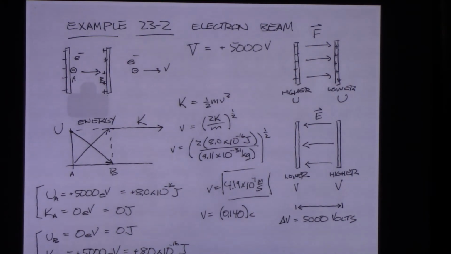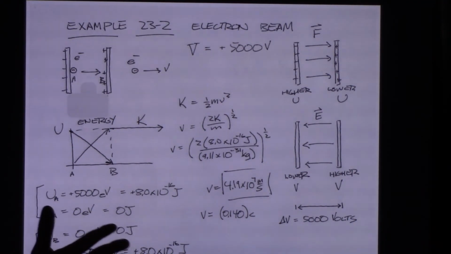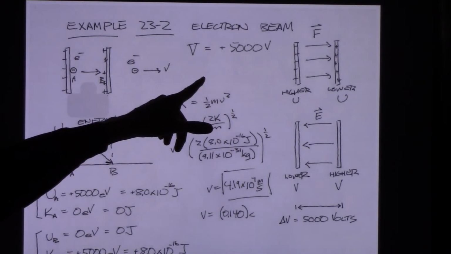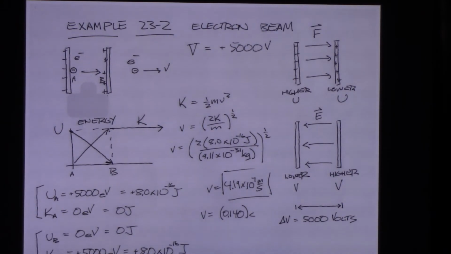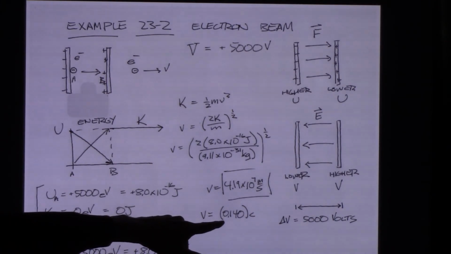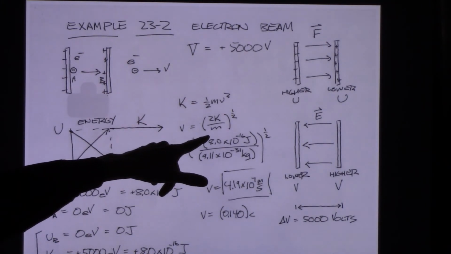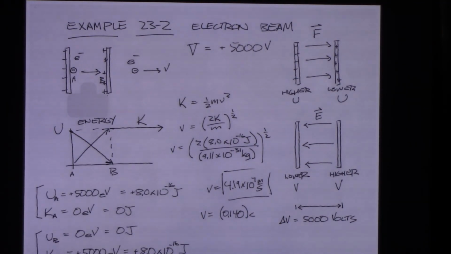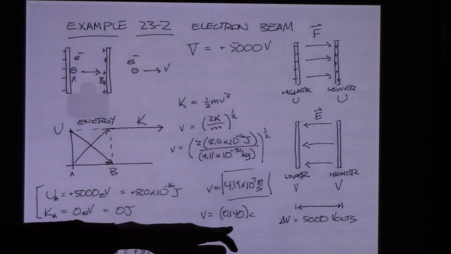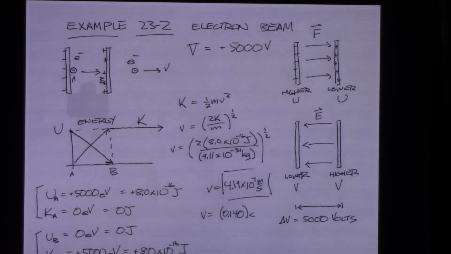So once we get past about 10% of the speed of light, we're going to start noticing divergences between reality, which is called special relativity, and the classical approximation. So these electrons are already, with a 5,000 volt boost, traveling at 14% of the speed of light. To get a better number here, we're going to have to come back in Physics 4C and learn about some formulas that are going to continue to give us the correct answer. So anyway, these electrons are starting to go pretty fast with a 5,000 volt boost.